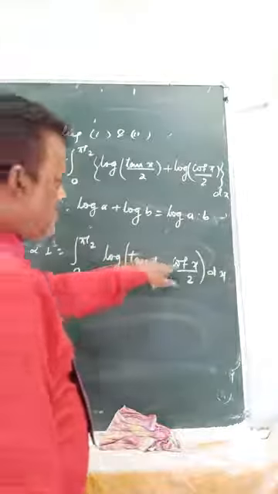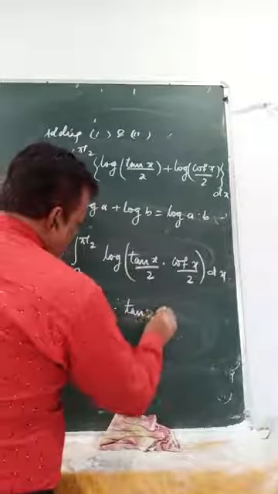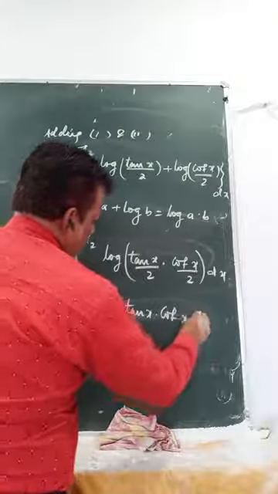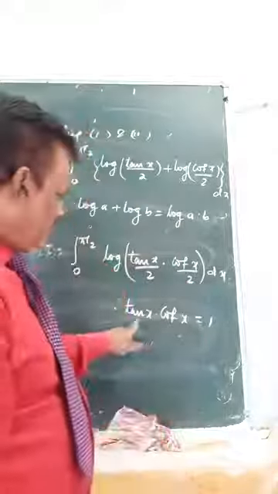What is tan x into cot x? Since tan x into cot x equals 1, you studied this in class 10. Tan x into cot x is 1.